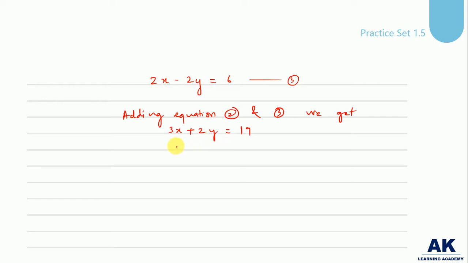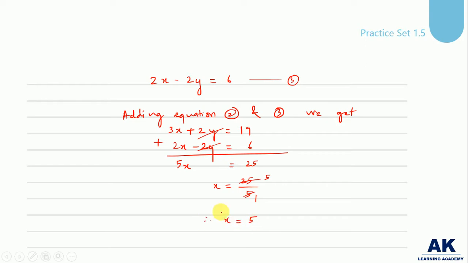And what is equation number 3? 2x minus 2y is equal to 6, right? When I add these equations, we get 3x plus 2x, which is 5x, plus 2y minus 2y gets cancelled, is equal to 19 plus 6, which is 25. So x is equal to 25 upon 5, right? 5 ones are 5, 5 fives are 25, therefore x is equal to 5.